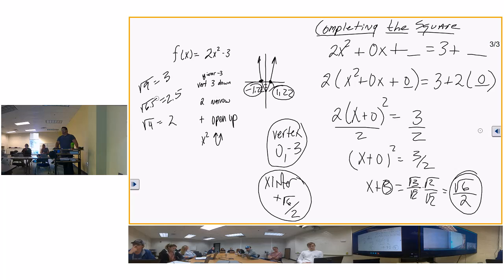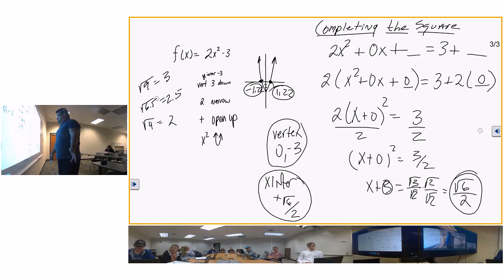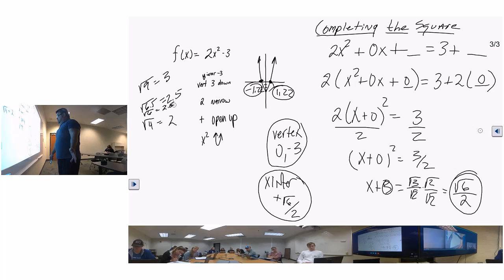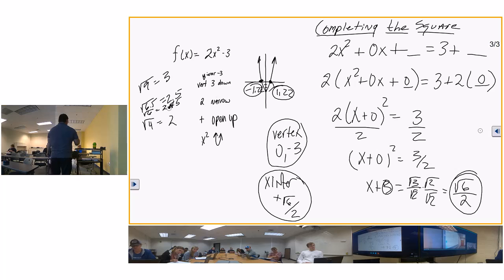So what is the square root of 6? 2.45. Actually, 2.45, yeah. I said 2.4, but close enough for government work if you're sketching a graph.